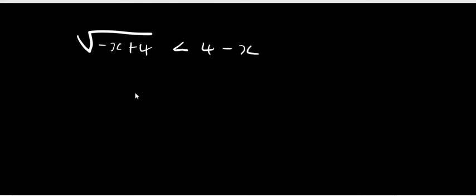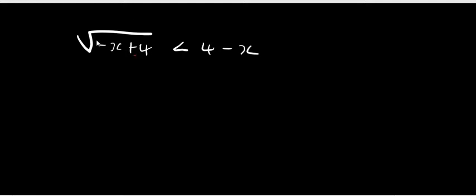How can you easily work out such a question? So for you to work out such a question, you're just going to put square root negative x plus 4 on this side should be less than 4 minus x. Okay, so this is simply the inequality that you guys are going to have.